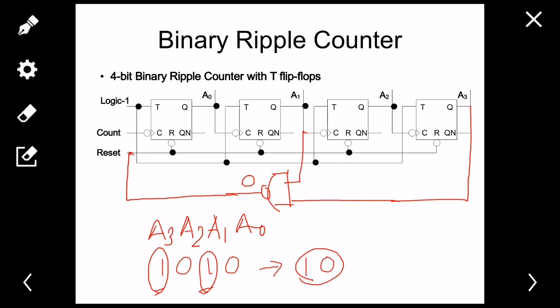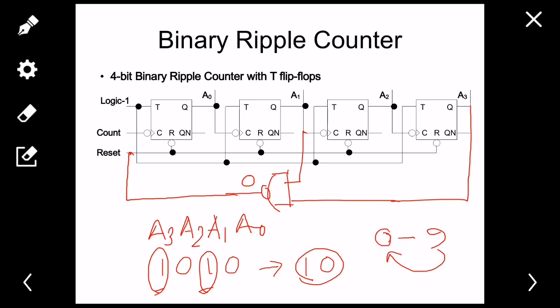What we'll be seeing is that it is counting from 0 to 9 and then going back to 0 again. So 0, 1, 2, 3, 4, 5, 6, 7, 8, 9, and then the reset happens. When it reaches 10, at that moment it becomes 0. So the 10 becomes 0.